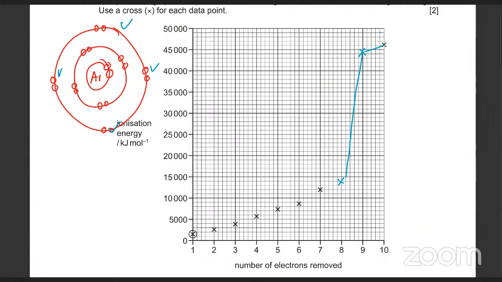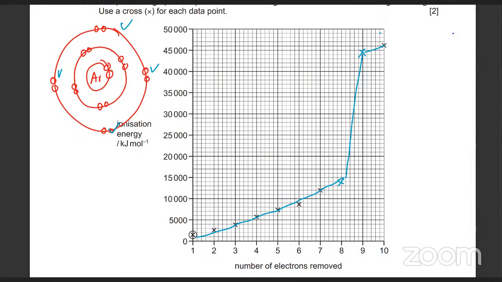So the first 8 ionization energies would be very similar. And the reason for that is they're being removed from the outer shell. So they're very far away from the nucleus. You've got a large distance. They're also more shielded, because they have more inner shells.